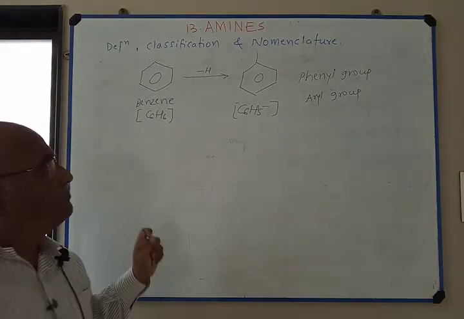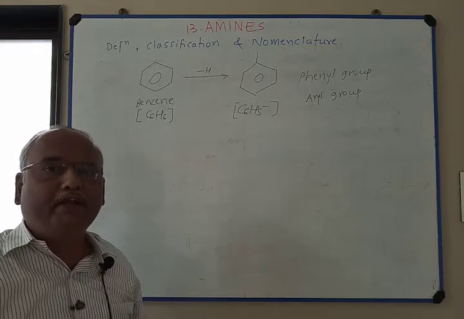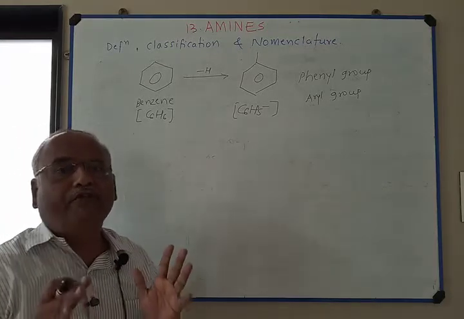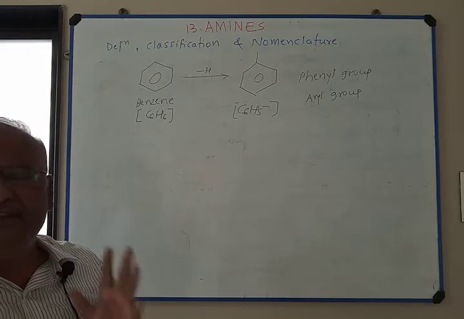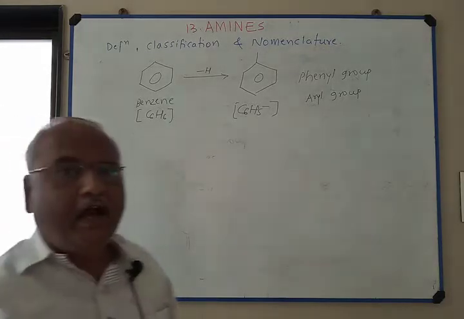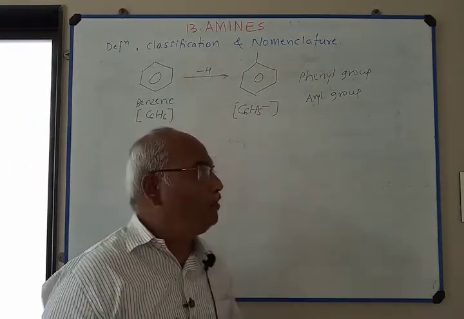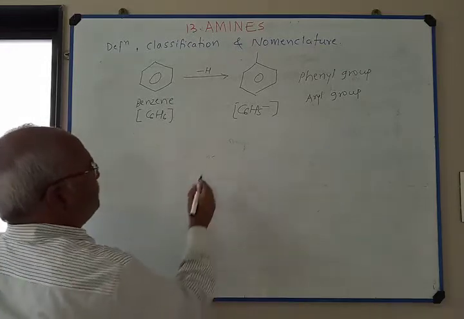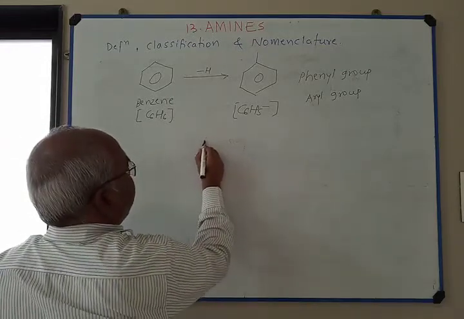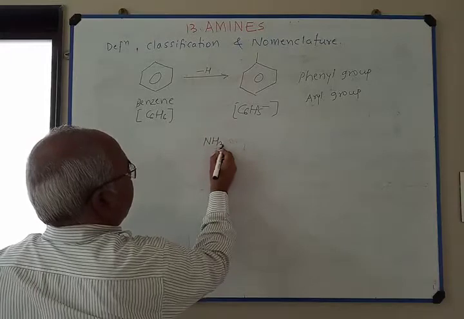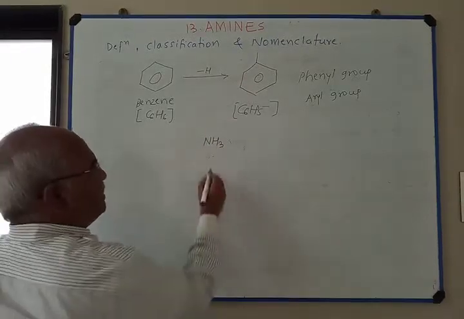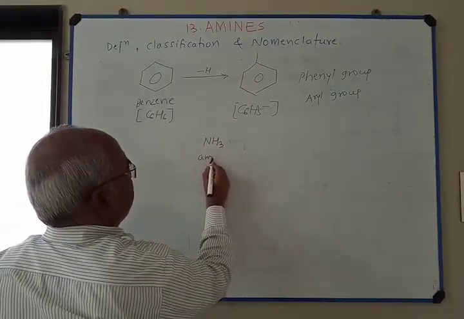Now, after discussing alkyl and aryl groups, I am going to define what are amines. So first, I am going to write one compound on the board, and the compound is NH3. Ammonia is the name of the compound.